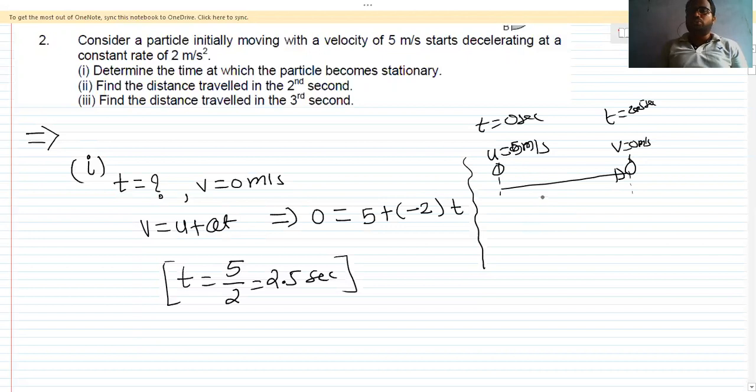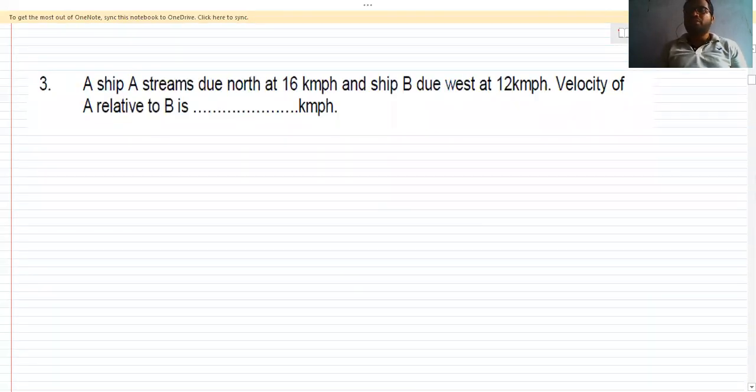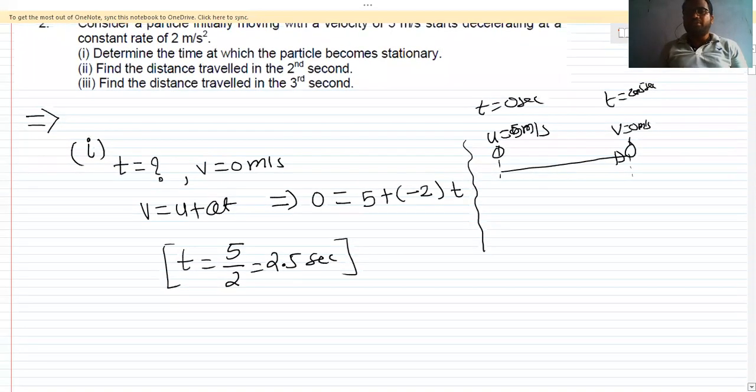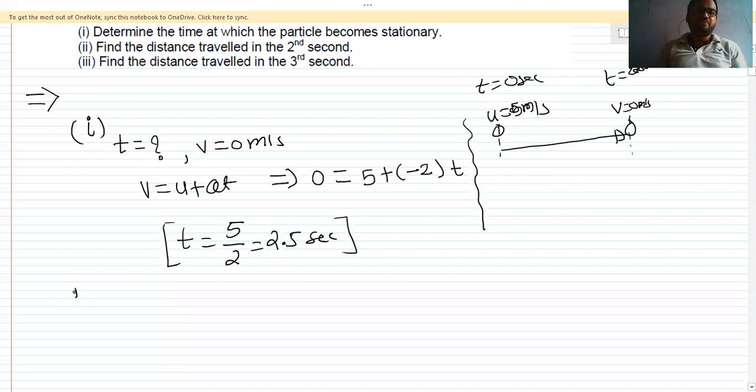So for the displacement in the second, we have the formula: the displacement in the nth second is equal to u plus a by 2 into (2n minus 1).